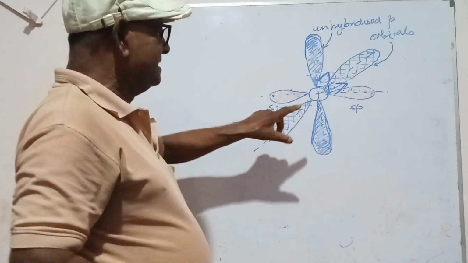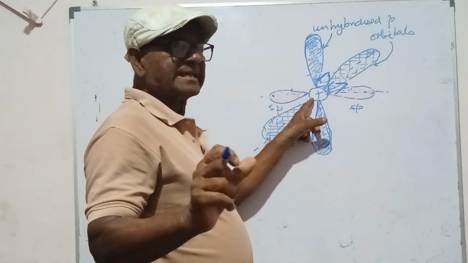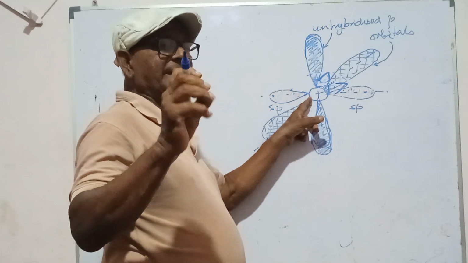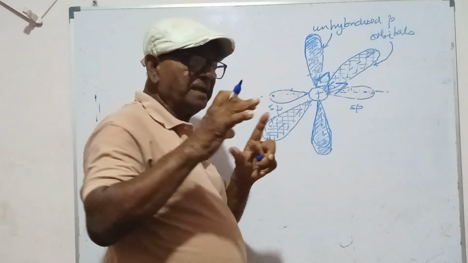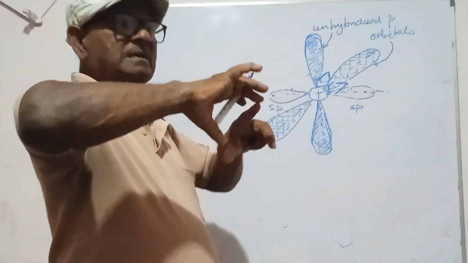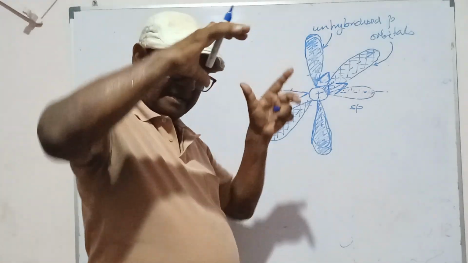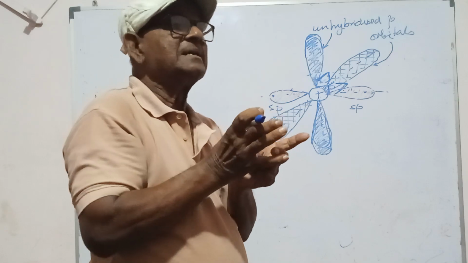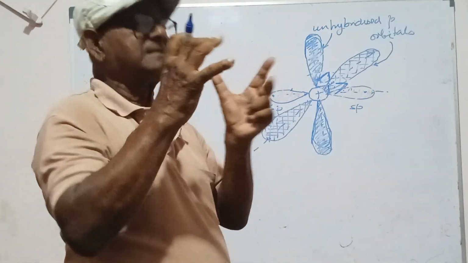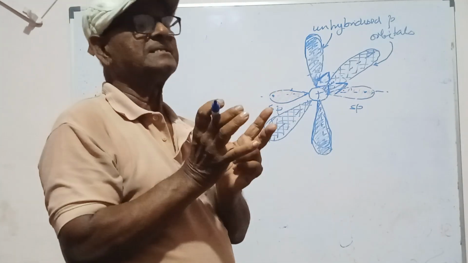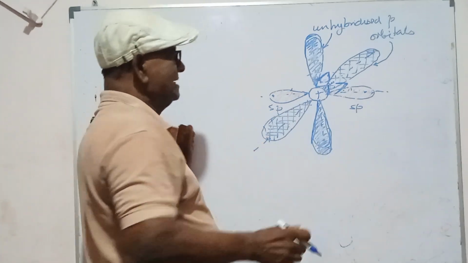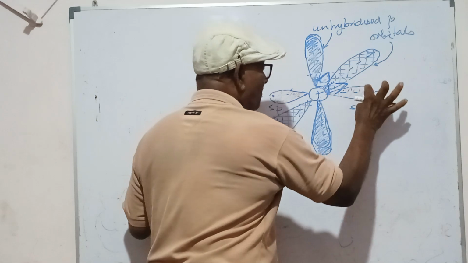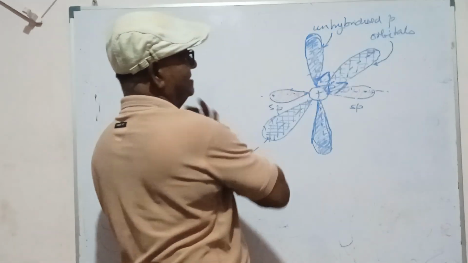Then, see here, as in the case of the sp2 hybridized carbon atom, this also is unable to complete its octet alone, because really it has formed only two bonds.